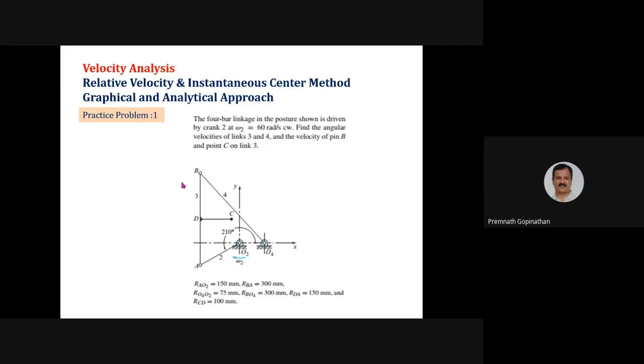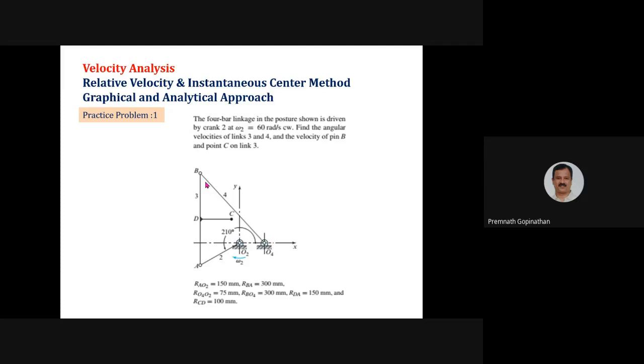So here what you have to understand from this particular diagram is that point C and point B can be considered as lying on link 3 itself. Why? Because point B is a common point for link 3 and 4, so it's also lying on link 3. Whereas point C is an extension of link 3.